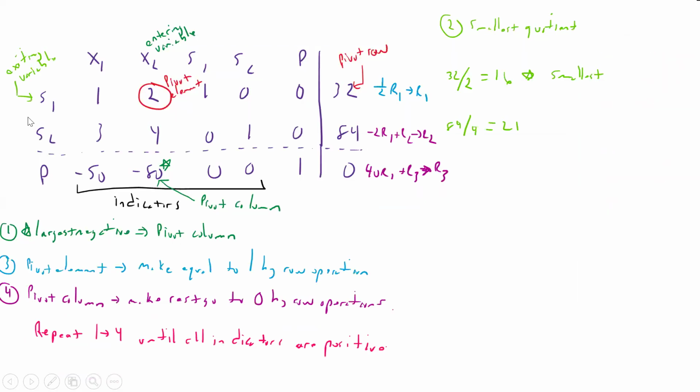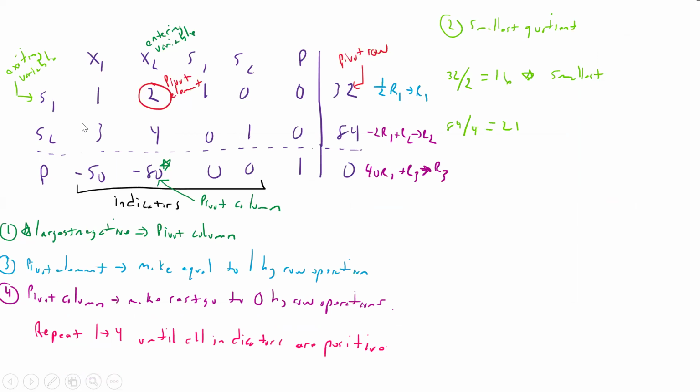Sometimes they keep them. It doesn't matter as long as you understand what you're doing. I sometimes leave them off, just to keep extra lines out of the picture. And because this is the initial tableau, I know that this is going to be basic, this is, and this is. So then I have S1, S2, and P is always my last row. That's how it starts.